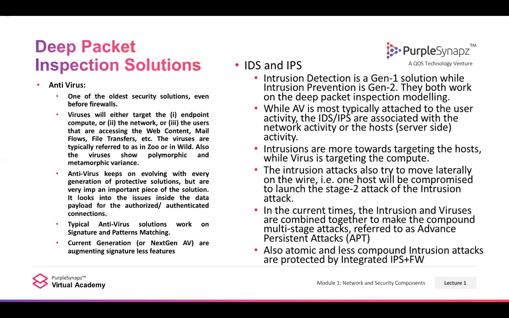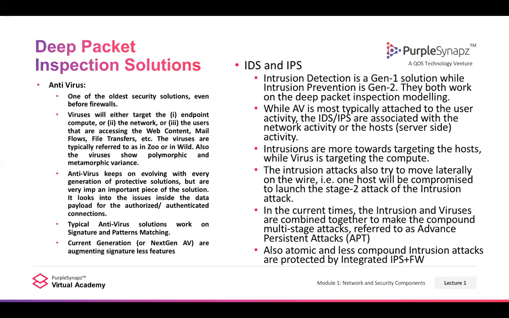These are the three main things which a user does even today. Either they are browsing, or they are sending or receiving mails, or they are moving files from their machine to an external device. These are the three most common functions which users do, and viruses target them through these channels.